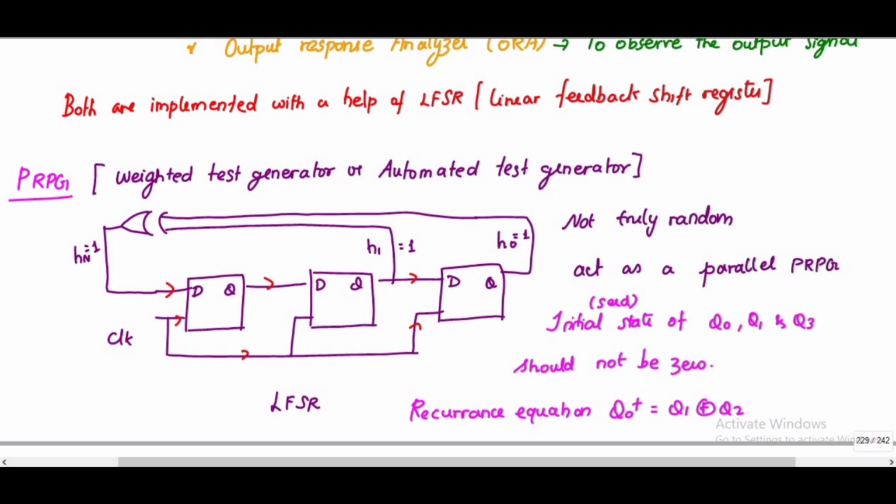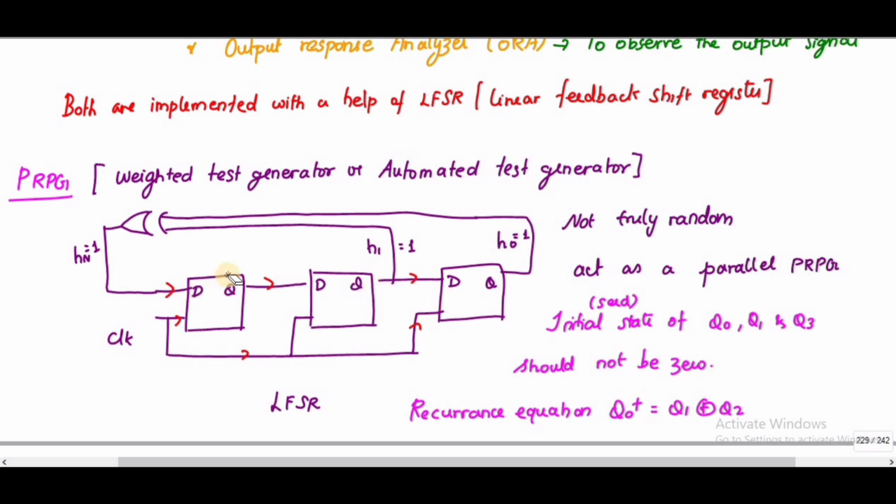It can also act as a parallel PRPG if I take the output from these three flip-flops. The initial state of Q0, Q1 and Q2 should not be 0. Let us discuss. You can see here I can term these as H0, H1, and H2.